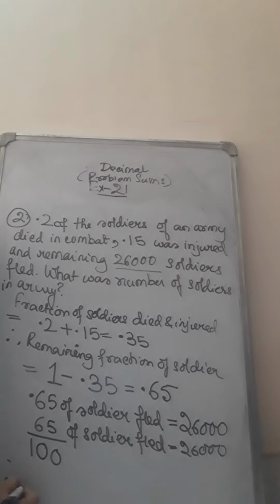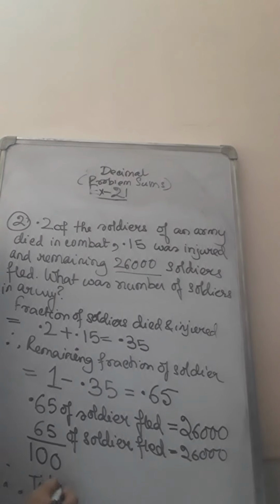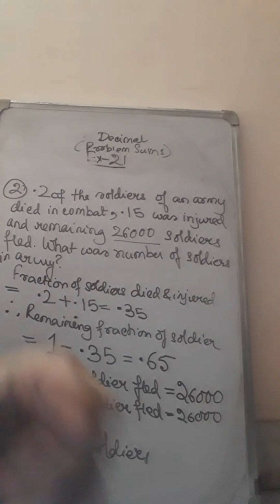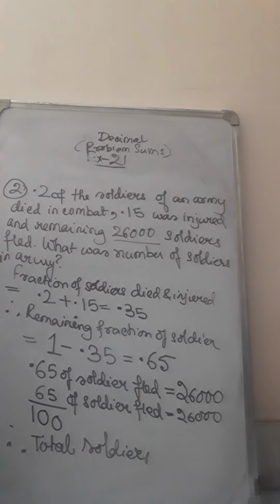Therefore, total soldiers in the army, that is what is required to find. The total soldiers in the army will be more or less? This is the required value which you need to find. Definitely it will be more.